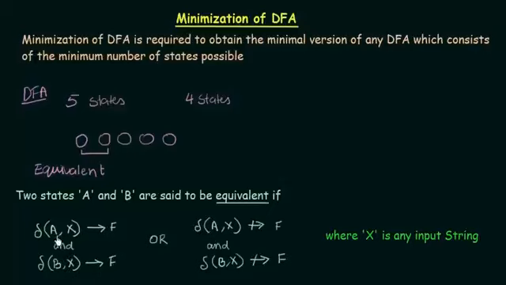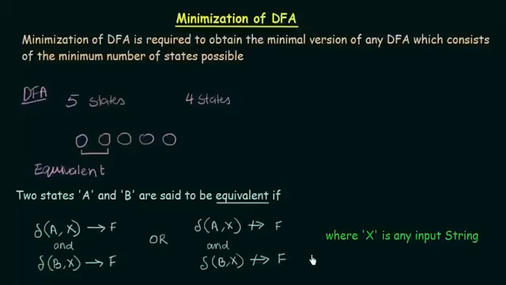Then A and B are said to be equivalent. Or if A on getting an input string X does not go to the final state, and also B on getting the particular input string X does not go to any of the final states, then also A and B are said to be equivalent. Okay, and this will become more clear to you when we take some examples.